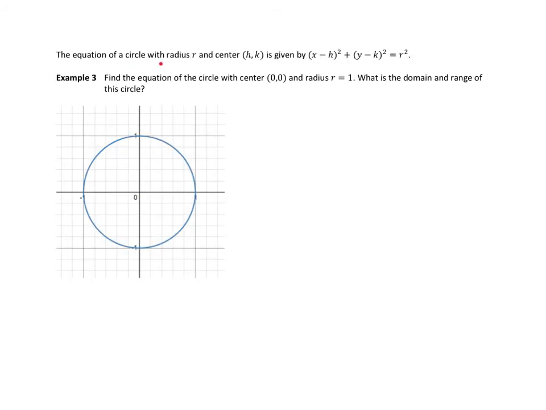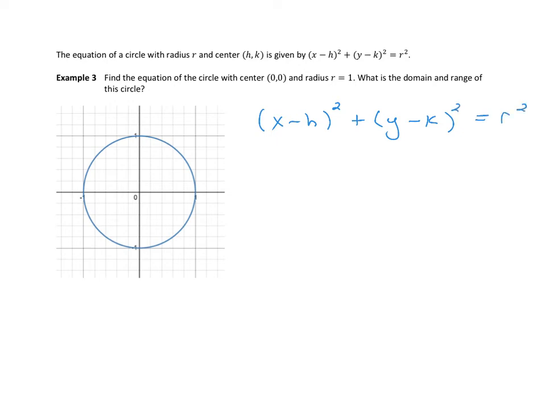The equation of a circle with radius r and center h, k is given by this formula here. I'm going to copy it down again. So that formula is x minus h squared plus y minus k squared, and that's equal to r squared, which is the radius.